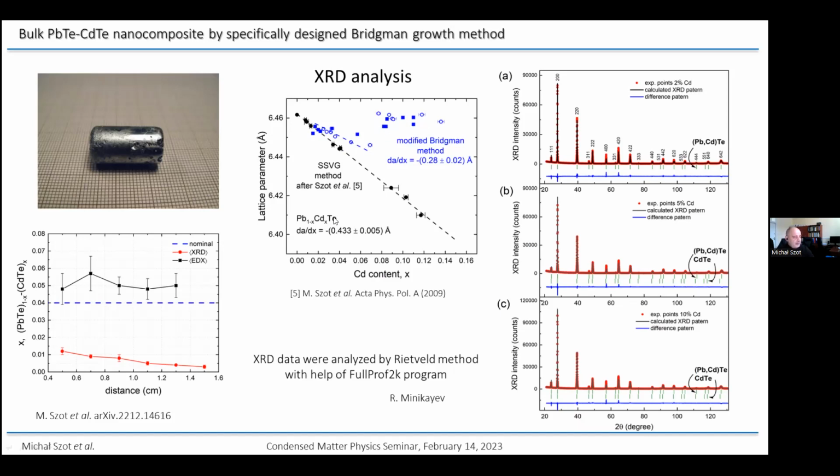We have also checked the distribution of cadmium along the ingots, and we have found that it is quite uniform, but the cadmium content taken from the X-ray measurements differs from that obtained from EDX analysis.